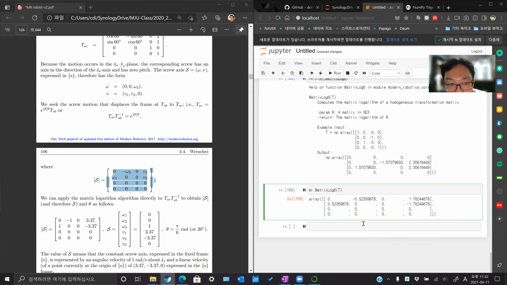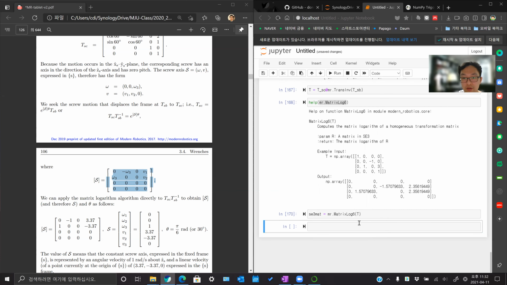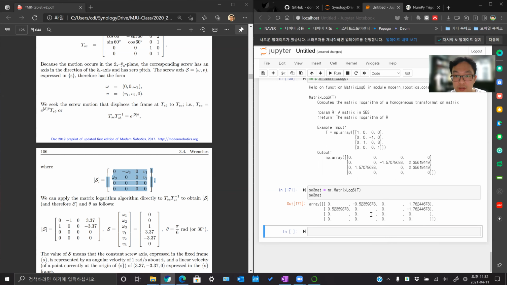So this one is se3 matrix. But in case of screw, we should get the normalized twist. So we should get the normalized value.